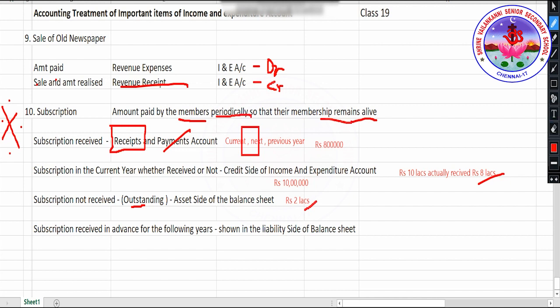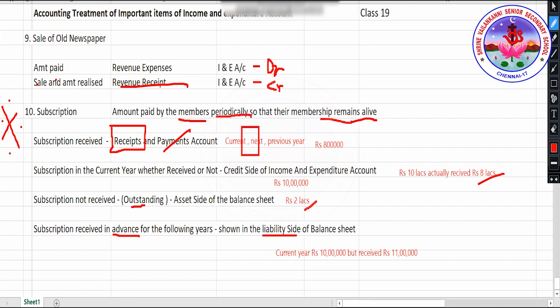Now, subscription received in advance for the following years. Say, for example, this current year we are supposed to receive only rupees 10 lakhs, but we had received rupees 11 lakhs. This 1 lakh is an advance for the following year. This advance is a liability item.